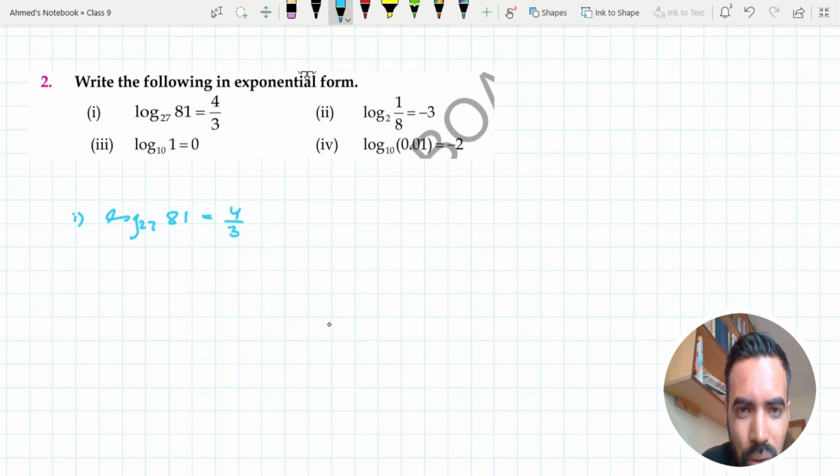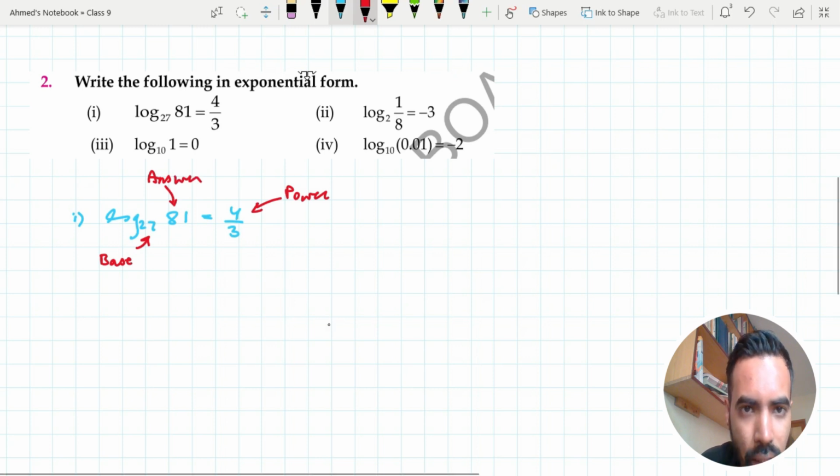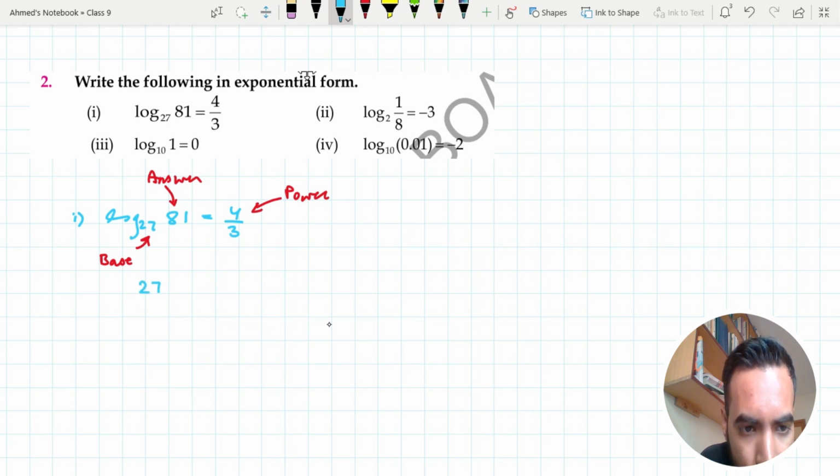I've told you that the answer of a log is basically the power, and this here is basically the base. So I can write this one as 27 with power 4 over 3 equals 81.